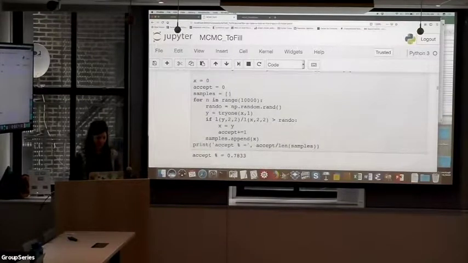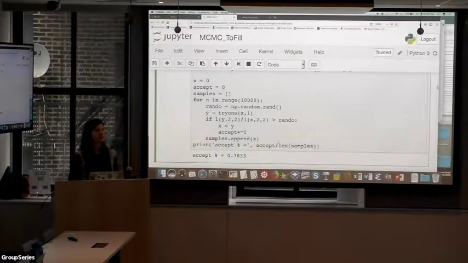So that means about 20% of the time the point would not move, right? Yes, exactly.